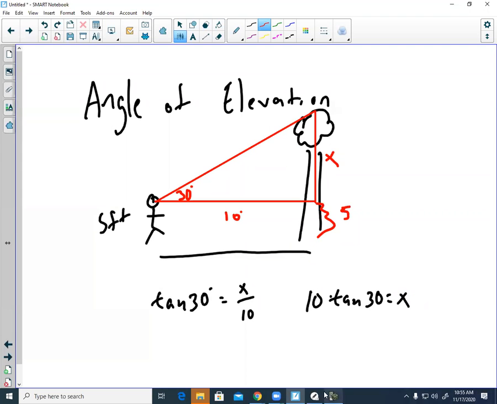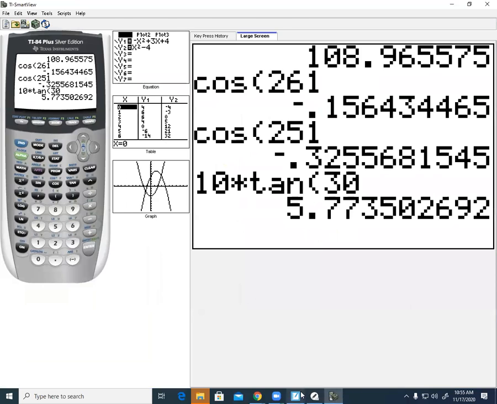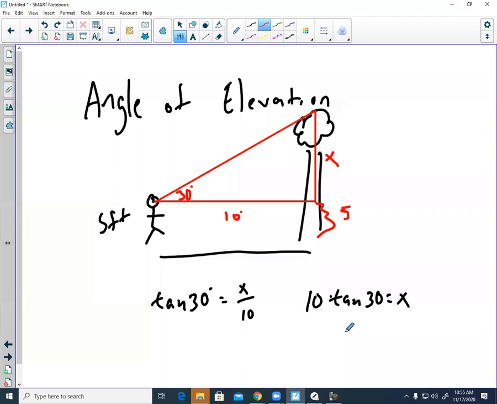Again, make sure your calculator is thinking in degrees if you're thinking in degrees. So 10 times the tangent of 30 is 5.8. So I would know that X equals 5.8. And if I want to know how tall the entire tree is, I would just take 5.8 plus 5. So my entire tree would be 10.8 feet tall. All right, that's angle of elevation.